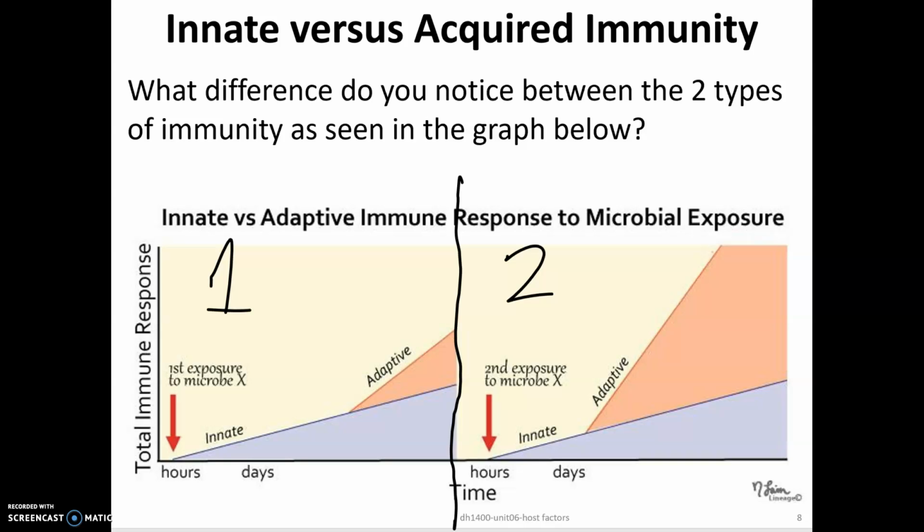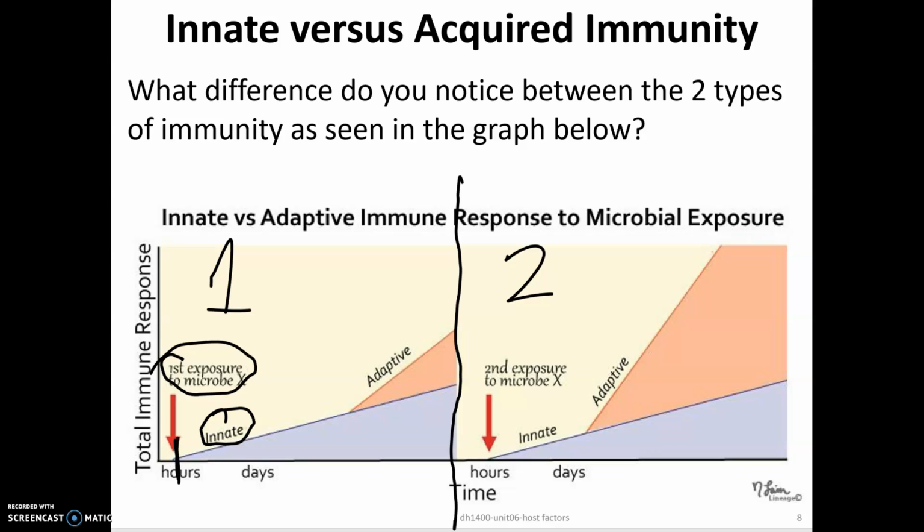Over here we've got hours and we've got days. This is the first time that we've ever been exposed to this microbe. Within hours, the first thing that will start to happen is we get a response from our innate immune system. Maybe it's going to be inflammation, maybe it's going to be fever, but it starts just shortly after you've been introduced to a pathogen.